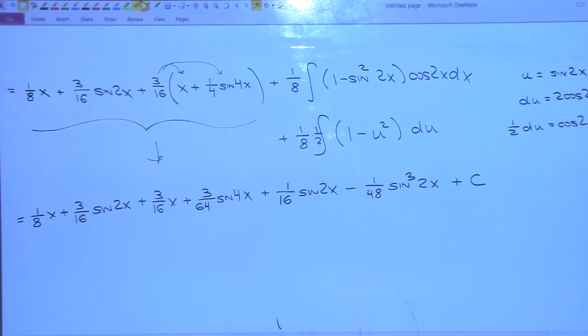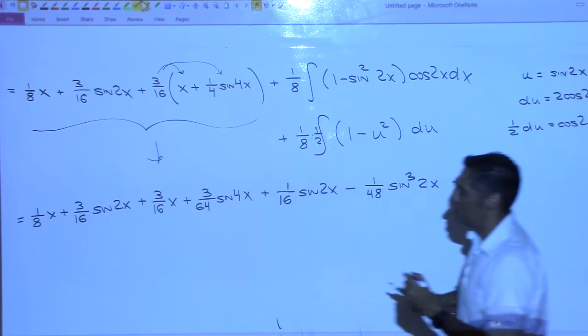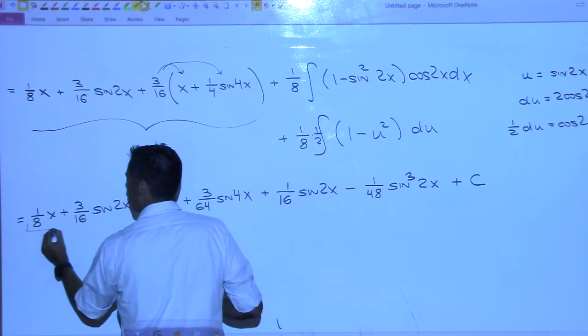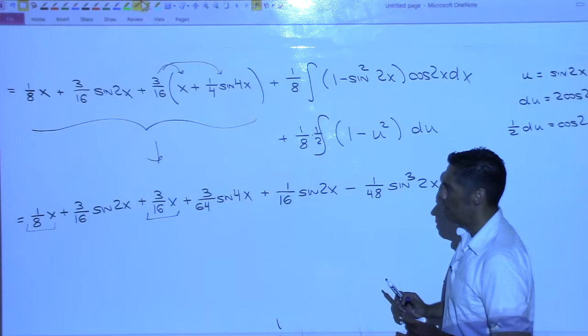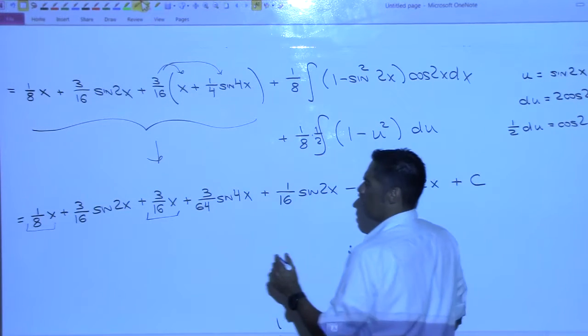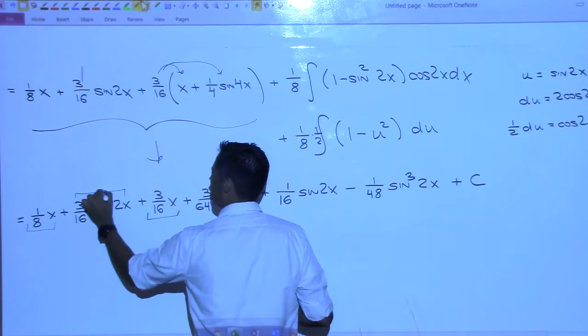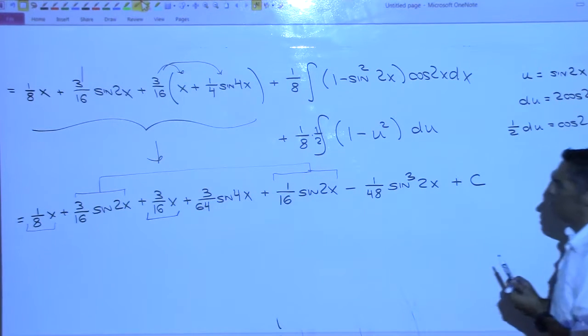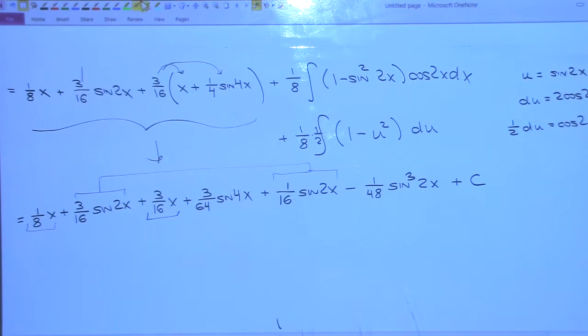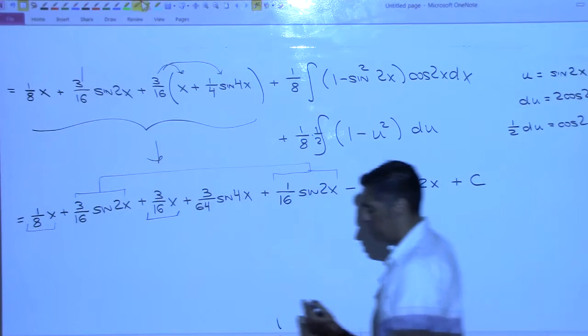We're not going to factor. We're just going to collect like terms, because that's a 1/8 x and that's a 3/16 x, right? And then in terms of sine 2x's, these two are both sine 2x's, right? Everything else is different. So what's 1/8 x plus 3/16 x? 5/16 x.